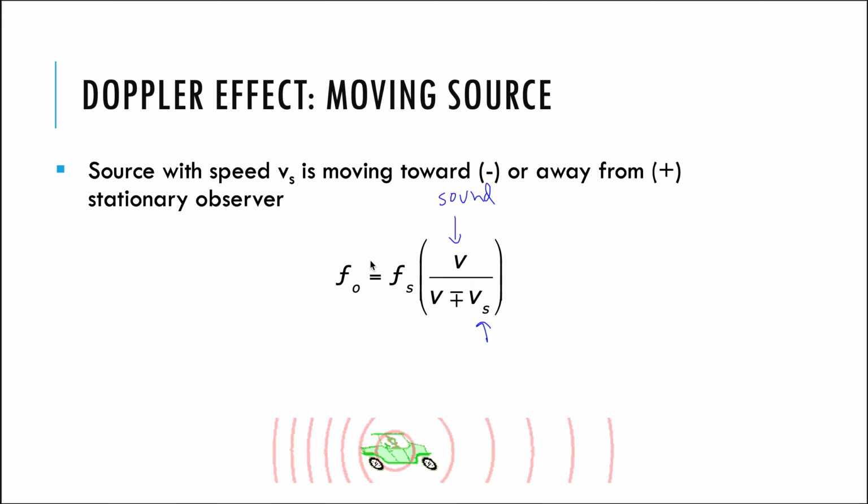If we're trying to find the observed frequency, then we're going to subtract the speed of the source if it's moving towards us, or we're going to add it if it's moving away from us. What's going to be the result if the source is moving away from us? The result will be that the observed frequency is going to be lower. If the source is moving towards us, then the observed frequency will be higher, just as we expect. And we can see that by plugging in some values, and we will do that in the guided example that follows this video.